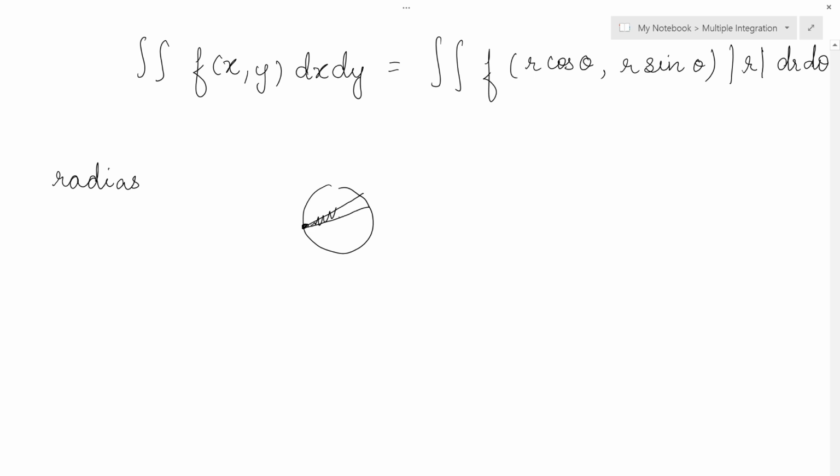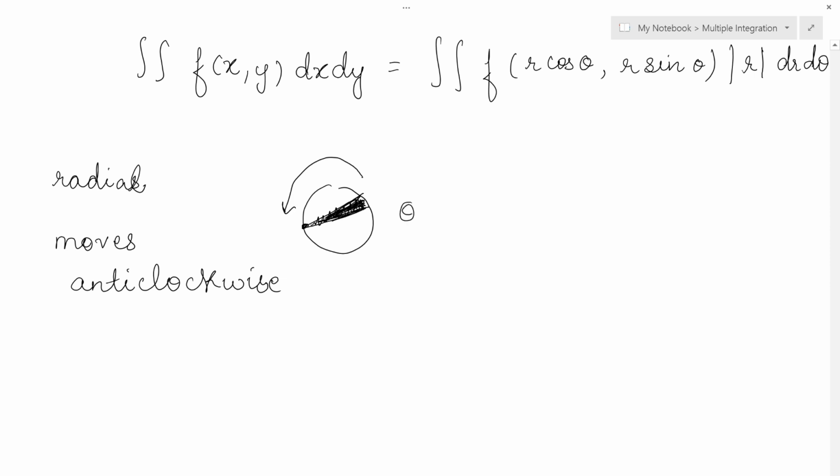It is radial, not horizontal or vertical, and it moves in anti-clockwise direction. So this will move this way, right?